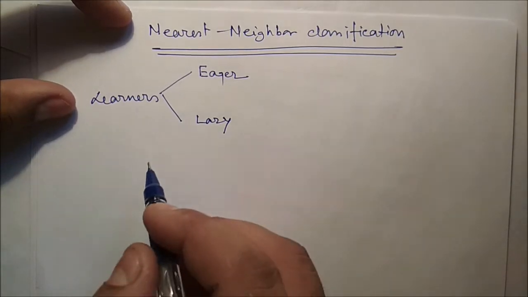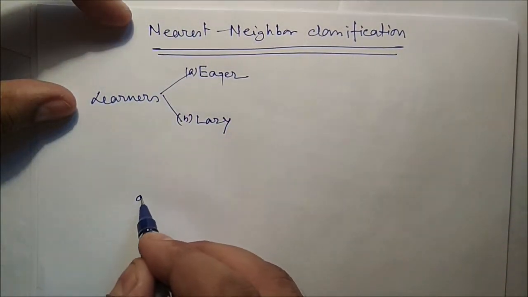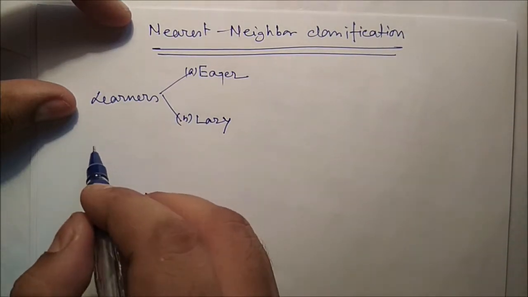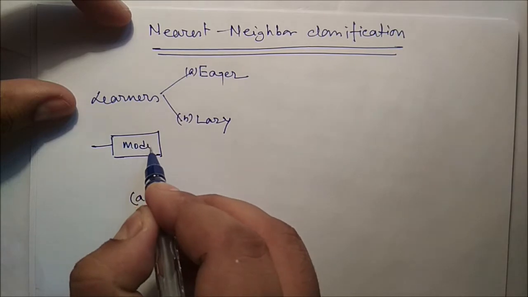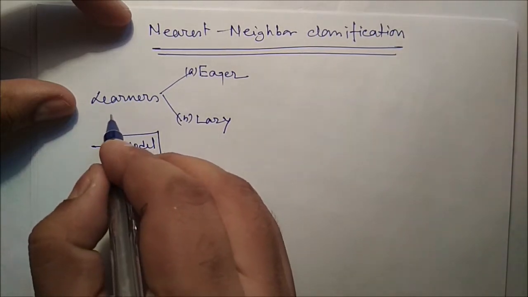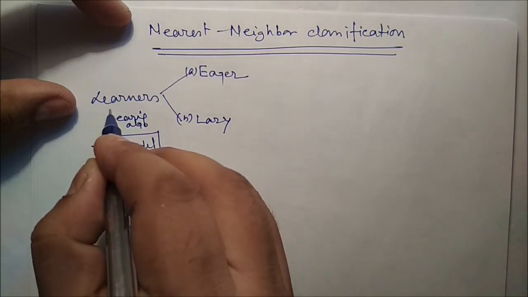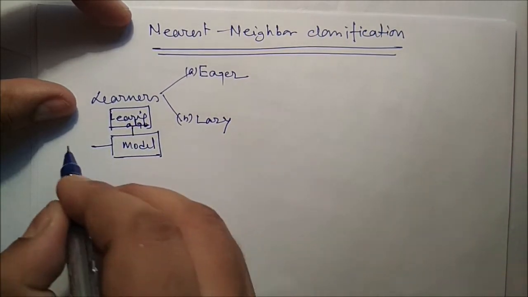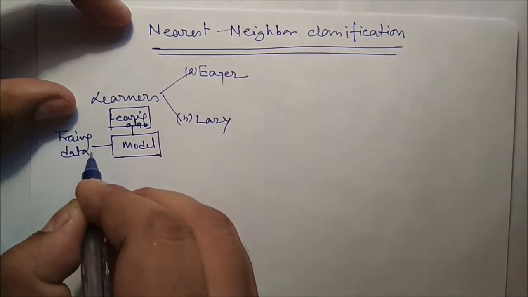So the eager learner is a two-step process. First of all, create the model using the learning algorithm. This is our training data.